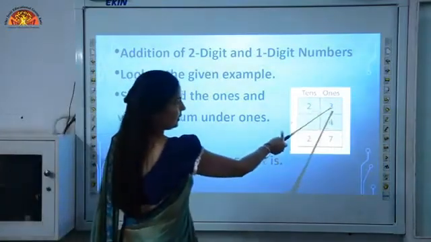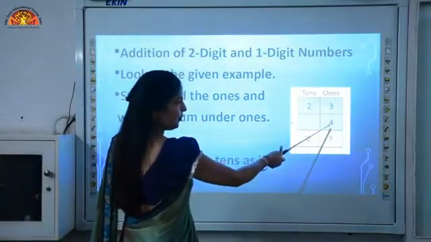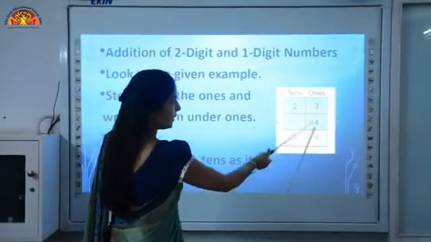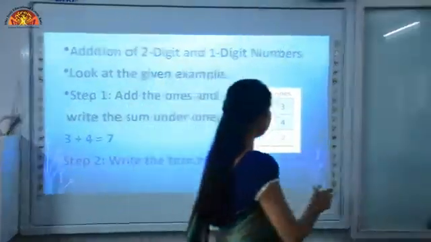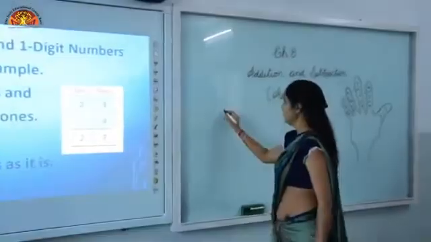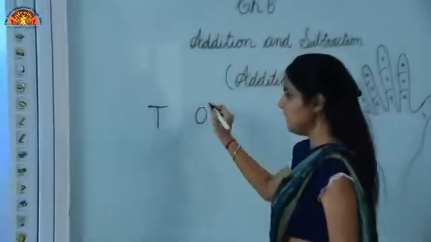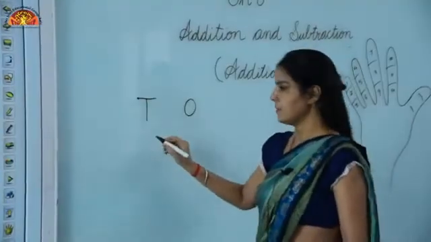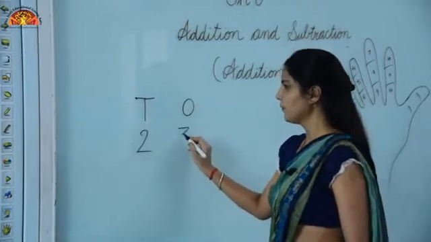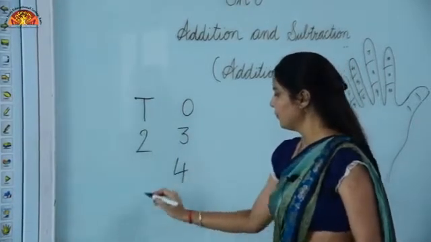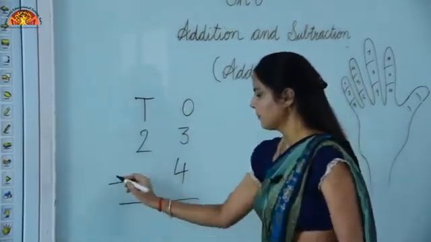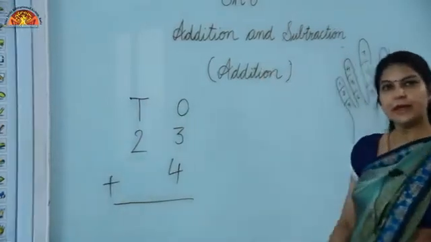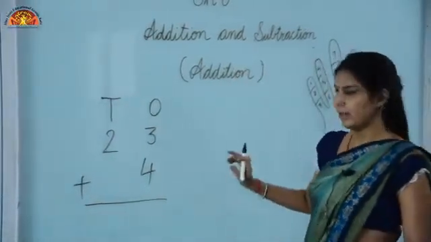Here 3 is at ones place and 4 is at ones place. So we will add these two numbers here. I am writing the number over here. Look here. T denotes tens and O denotes ones. 23 plus 4. Now what will we do again? We will keep the bigger number in our mind.